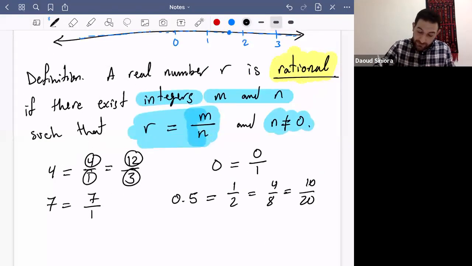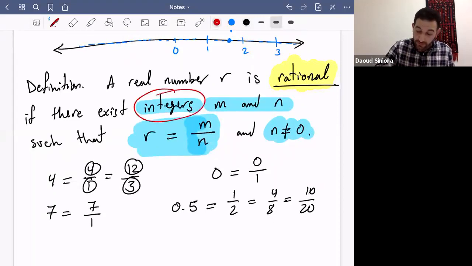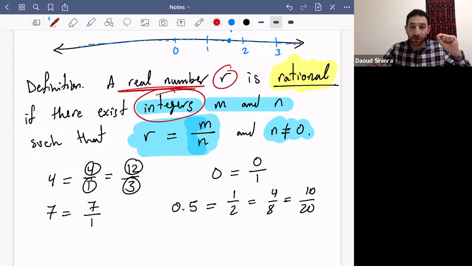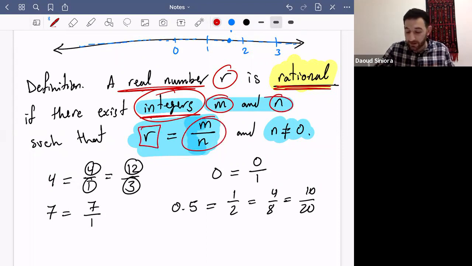See that to show that a number is rational, we need to go to the world of integers. So notice R is a real number, so R is from the world of real numbers. To show that it is a rational number, we need to go to the world of integers and find an integer m and integer n such that m over n is R, and n is not 0.